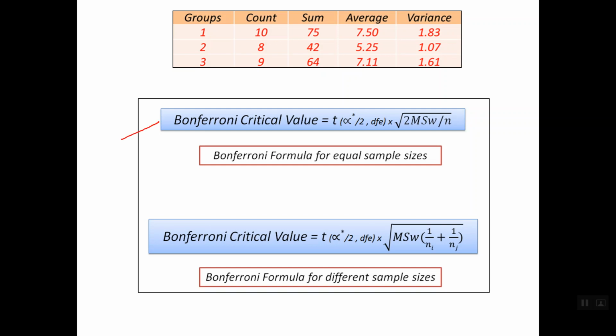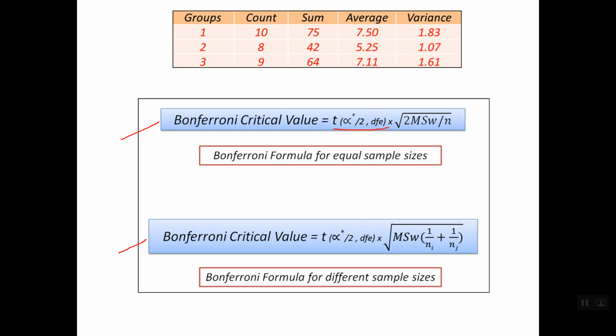Regarding the formula for the Bonferroni critical value for equal sample sizes, it is here. We determine the value of t at significance level alpha star divided by 2 and degrees of freedom for the error, multiplied by the square root of 2 MSW divided by n.